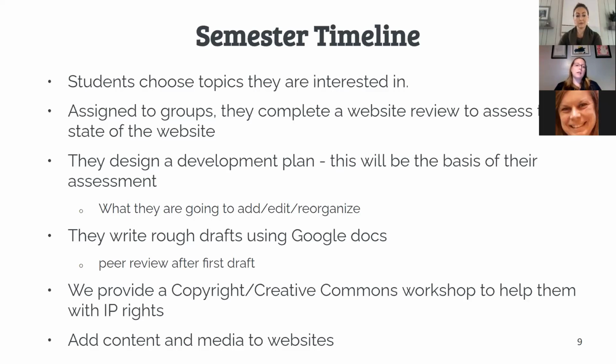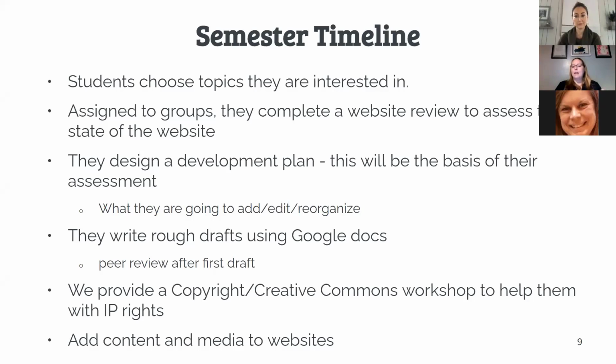And then once they have their rough drafts and a basic idea of intellectual property rights, we let them loose using Google Sites. They add their content, they add their media, they can add YouTube videos and images and links to websites. And they are responsible for the websites themselves.